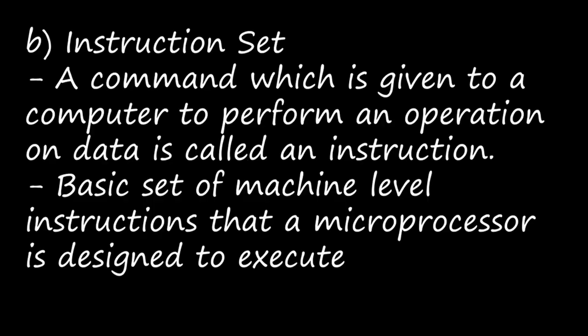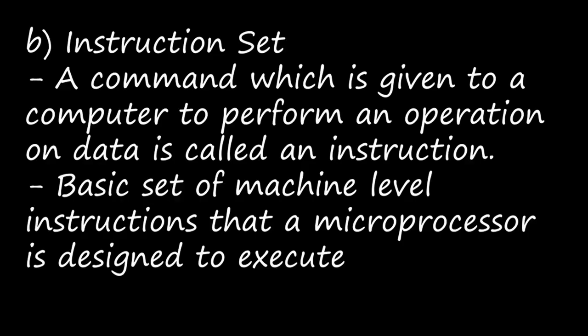Next one is instruction set. That also from the word itself you can say. Instruction means what? It's a command given to do a task, right? Here instruction set means the basic set of machine level language instructions that a microprocessor is designed to execute. That means we have a command to say to the computer, a command given to a computer to perform an operation on data.